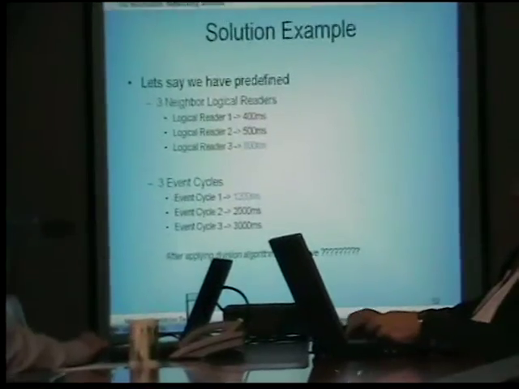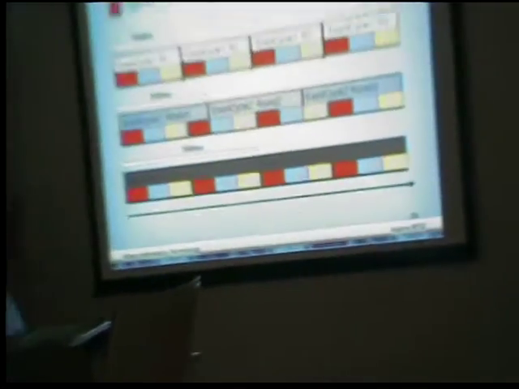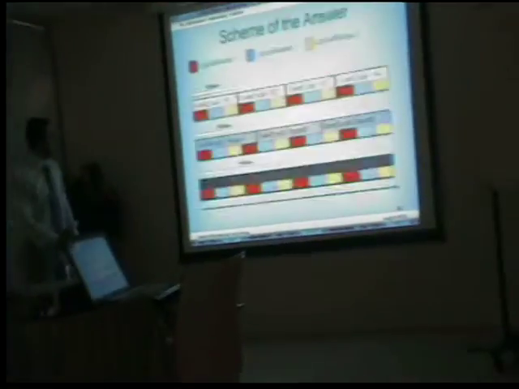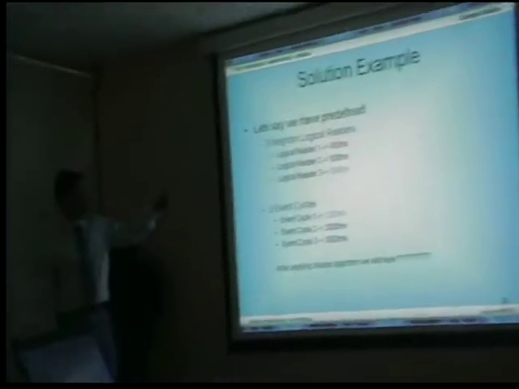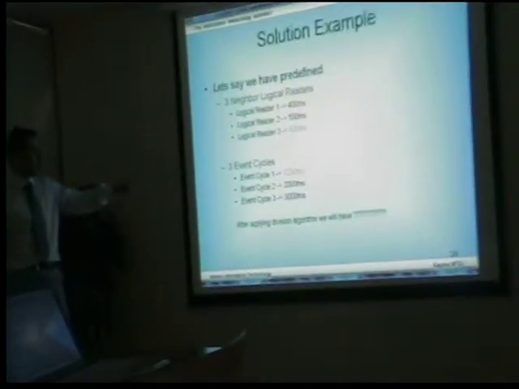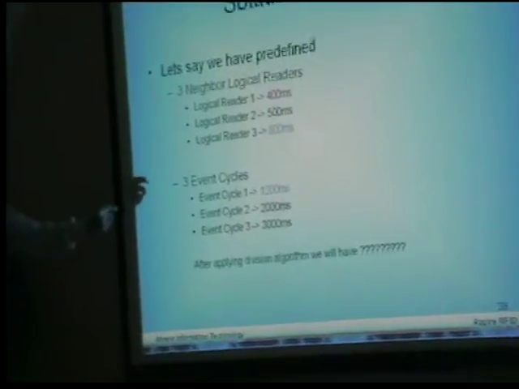It will check if it is lower than the specified boundary. It will automatically... We have the smallest event cycle, as I mentioned, it was 400. And the minimum event cycle has 1,200 milliseconds.